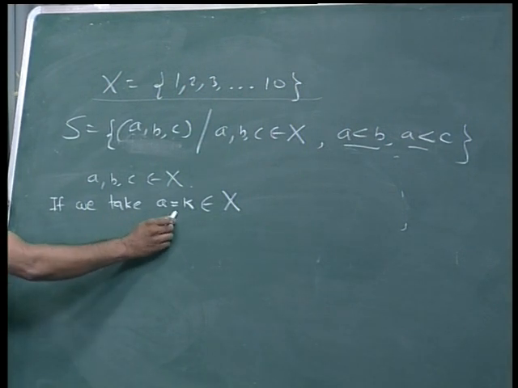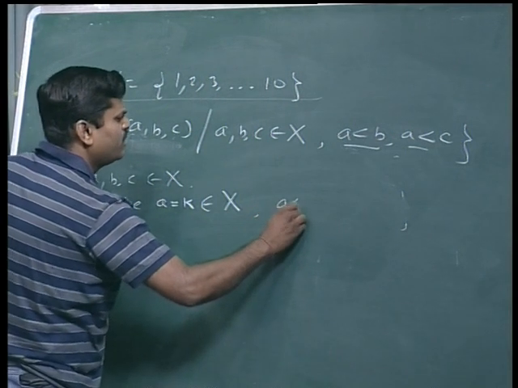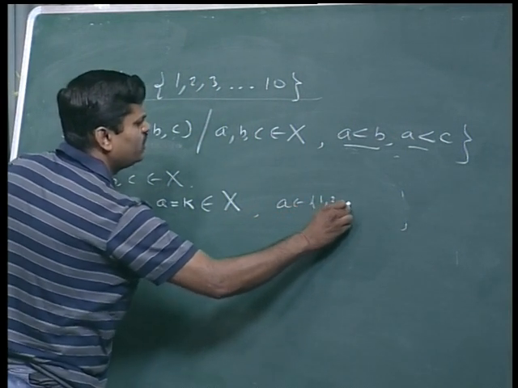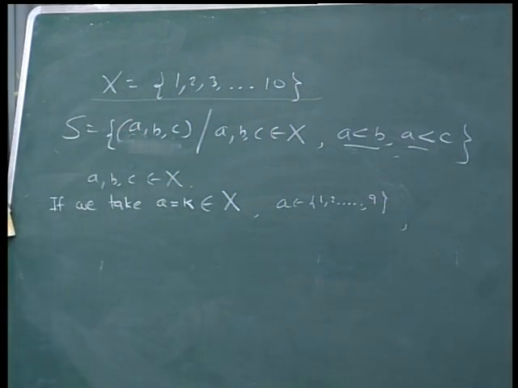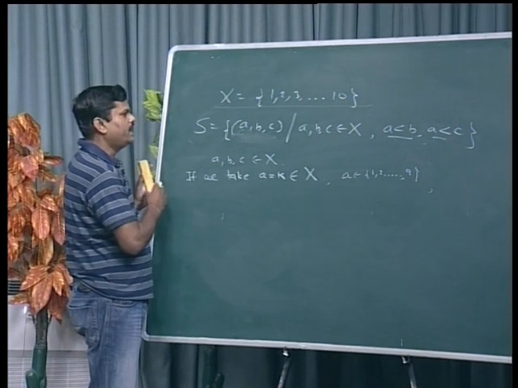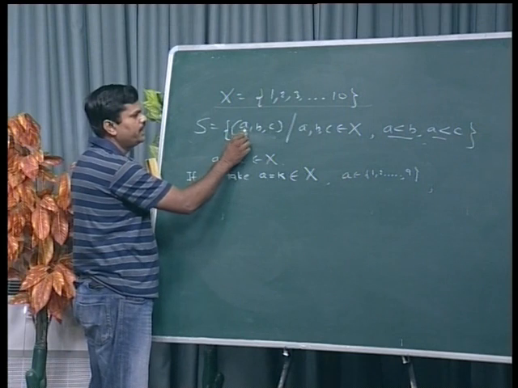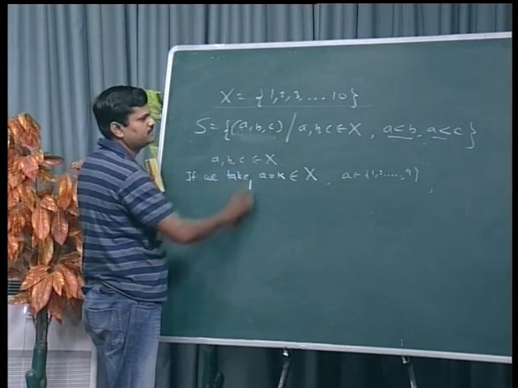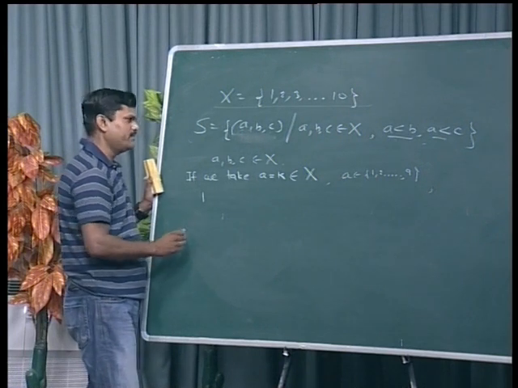If we take A equal to K, then this A belongs to 1, 2, 3 up to 9. A has only 9 possibilities, and then for each of these possibilities, in how many ways can you select B and C?